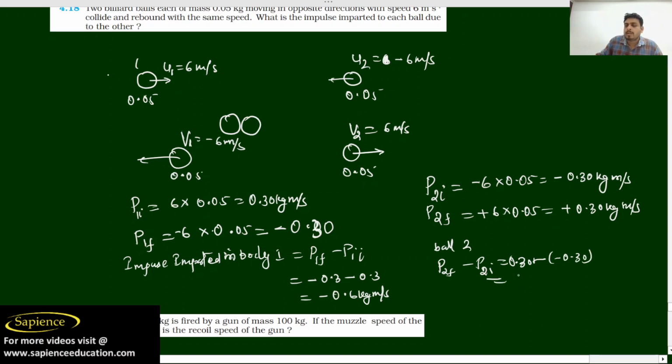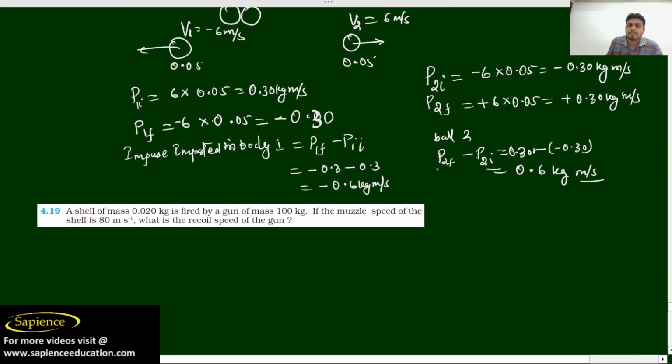So finally you will get 0.6 kg meter per second. So impulse imparted is this. I hope you have understood. Each ball has the same impulse but in opposite direction.